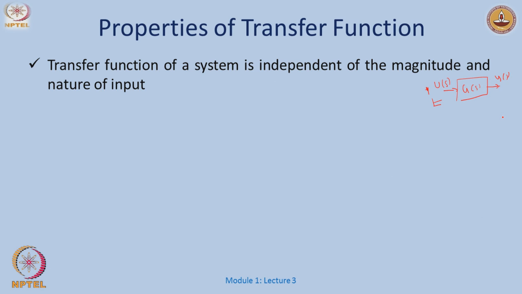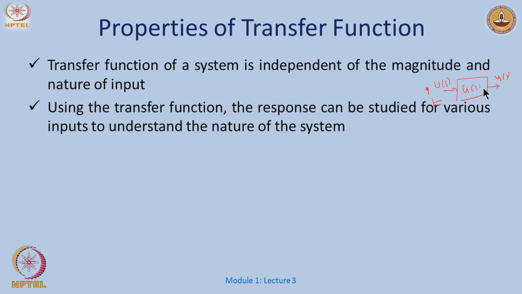It is just a property of the system by itself, right. The nature of the pendulum would not change if the input is a ramp, or an impulse, or even a step, right. The transfer function, the one which transfers a given input signal to an output signal, is a property of the system itself. Okay. So, once I have G(s), I can easily study the response for different kinds of inputs, right.